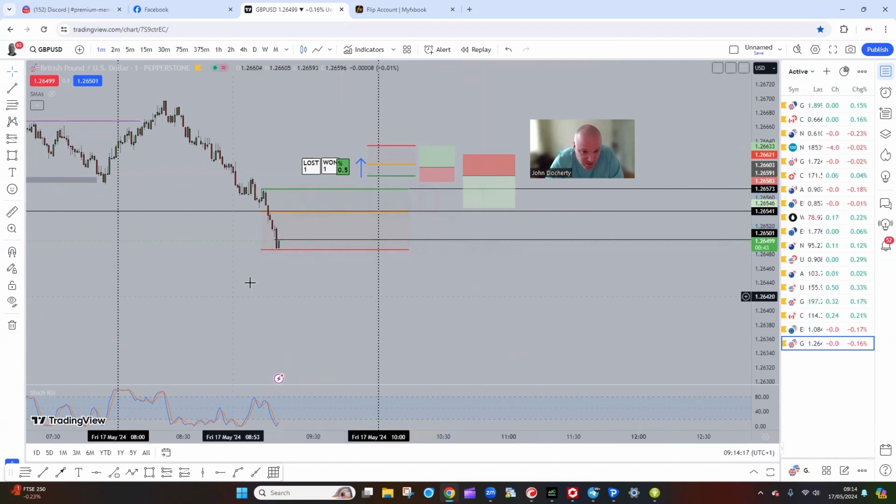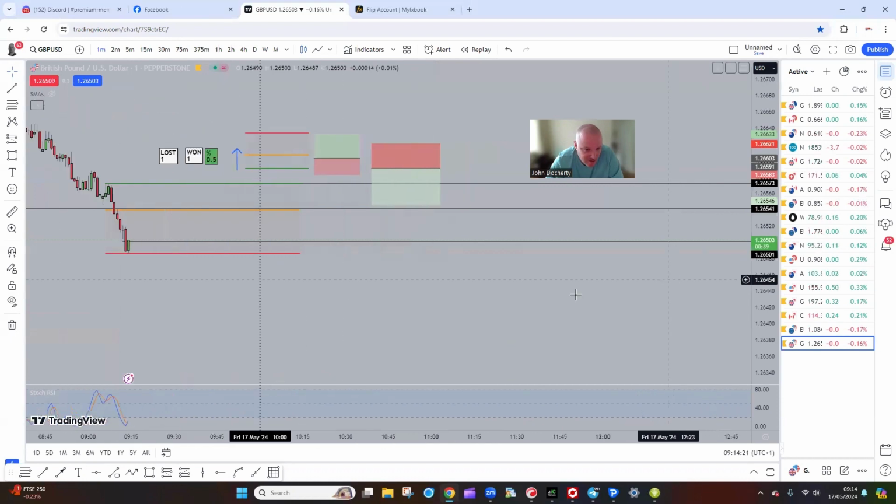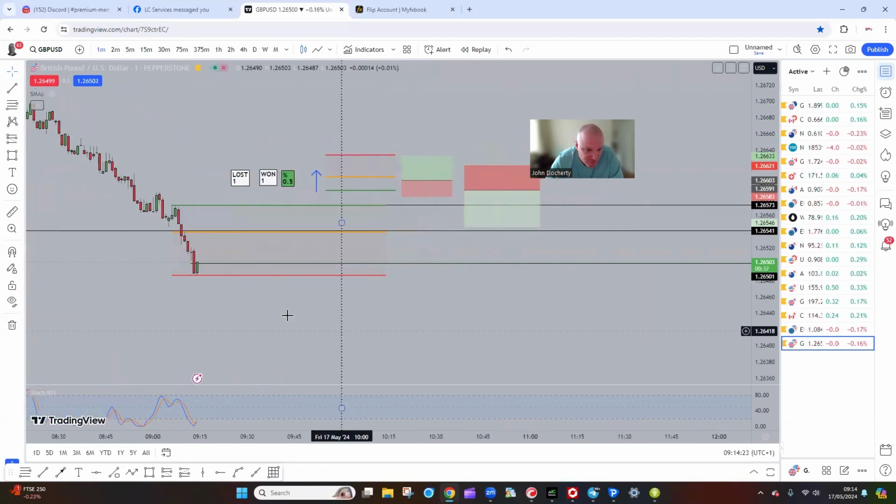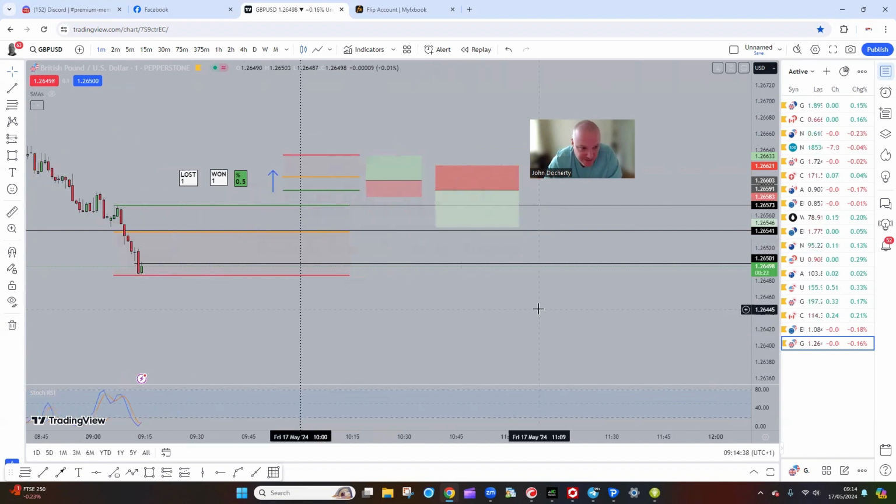setup. So at the minute, we'll just wait for a minute, guys. Do apologize. So we've got a break. For me, this is a break, so we need a separation candle. After this candle, we do need a separation candle, okay?